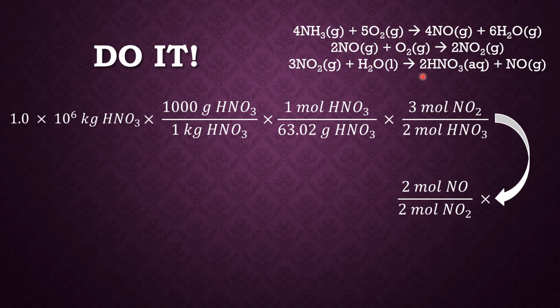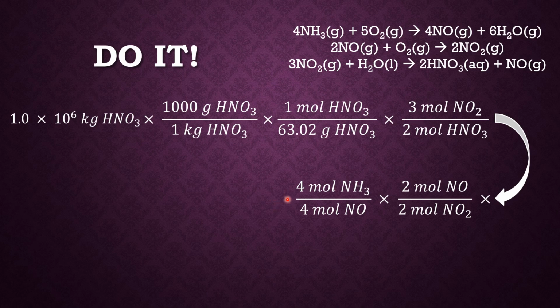We can't stop there. This amount of nitrogen monoxide in moles that we've calculated is also the amount of nitrogen monoxide that comes from this first reaction. So that's where our next molar ratio comes from. We know how many moles of nitrogen monoxide we have. We're going to use that first reaction to get our next molar ratio, which is a 4 to 4 mole ratio.